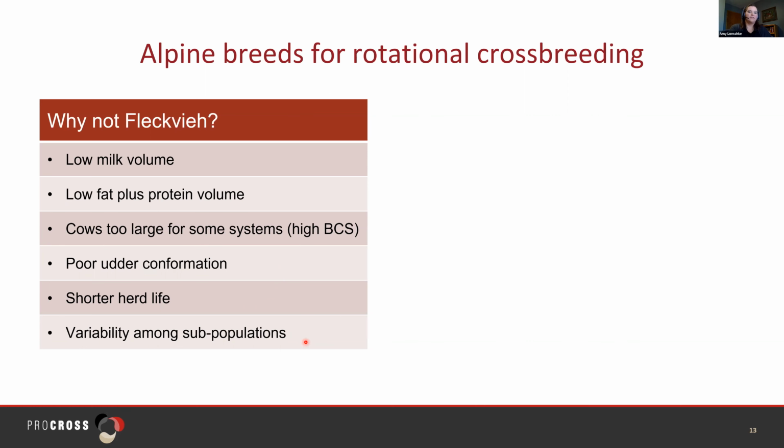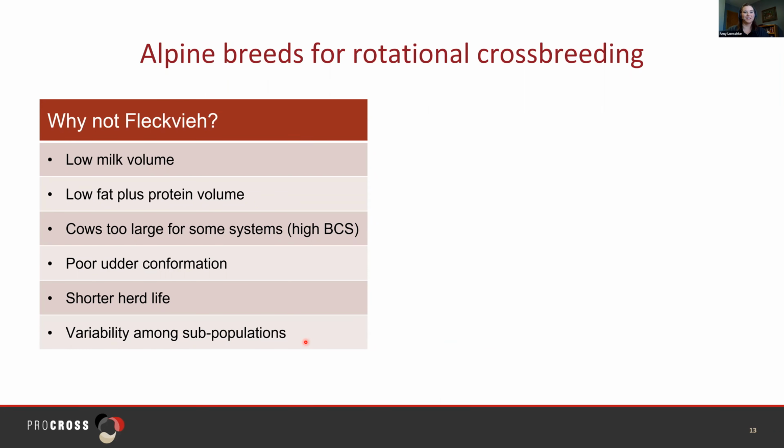And there's also a lot of variability among their subpopulations. The Fleckvieh has an interesting strategy in that they've developed lines within the breed that are very genetically diverse. And that is excellent for their within breed selection, but it really makes them hard for crossbreeding, because usually you get better response with crossbreeding when you have highly inbred breeds that you can cross with each other.